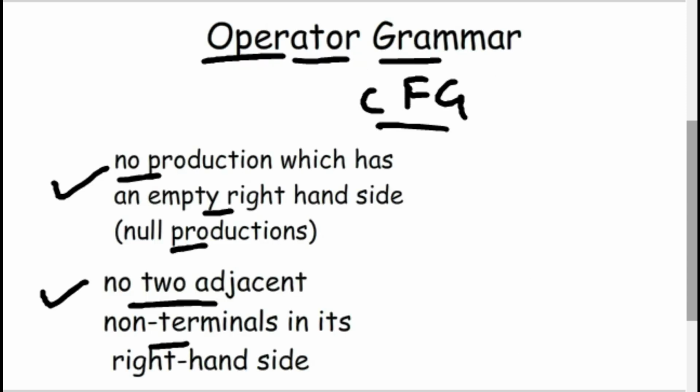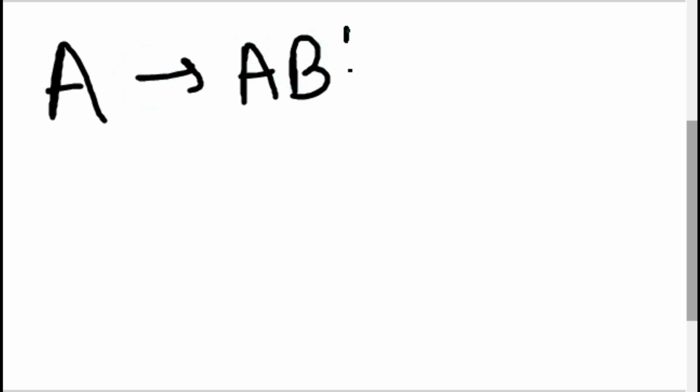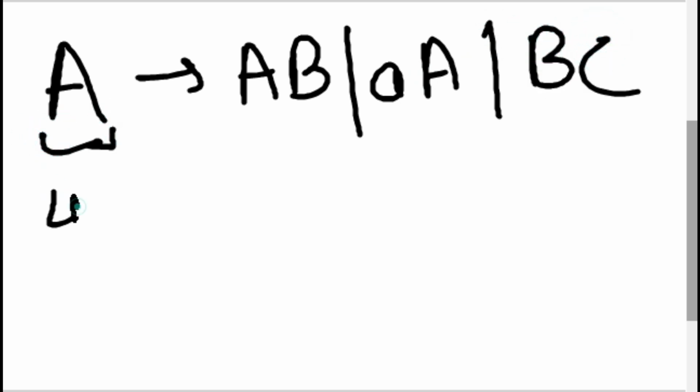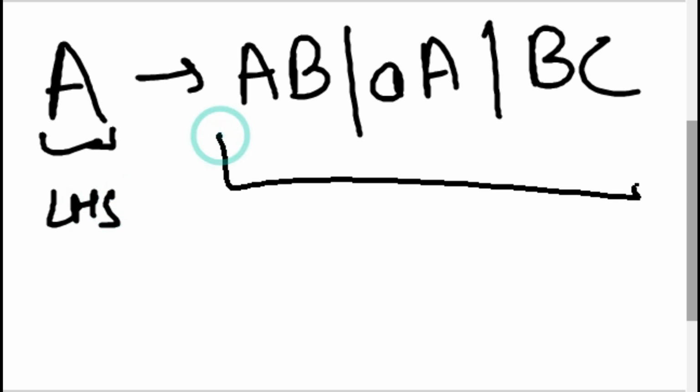Now the rule says that there should be no two adjacent non-terminals in its right hand side. So let us consider a grammar. In this grammar, there is capital A, capital B or small a, capital A or capital B, capital C. This one is the left hand side, but we only have to check the right hand side.